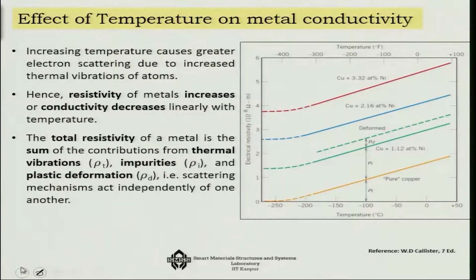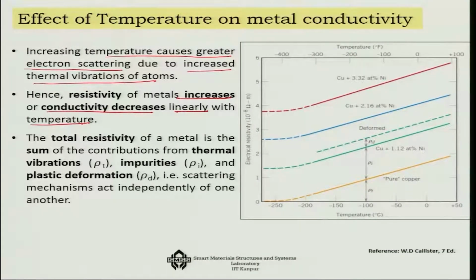Now, definitely temperature should increase this effect. However, when you increase the temperature, it actually causes greater electron scattering due to the increased thermal vibration of the atoms. Hence the resistivity of metals increases, or conductivity decreases, linearly with temperature.